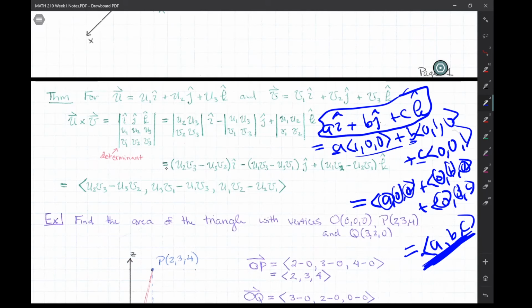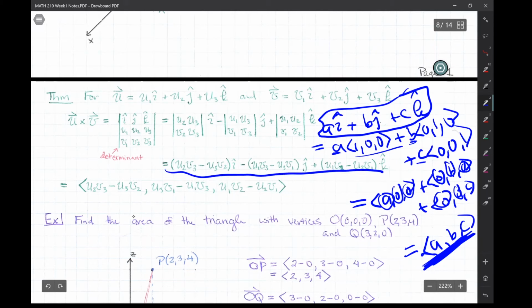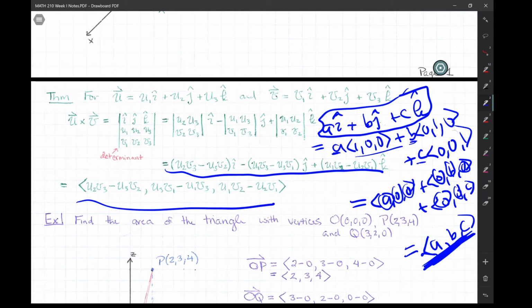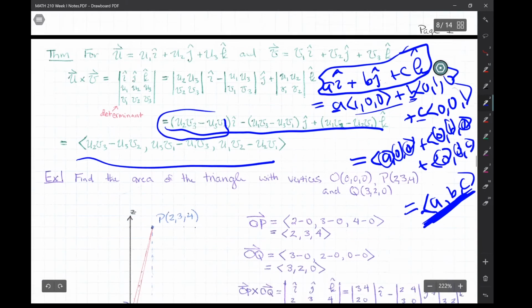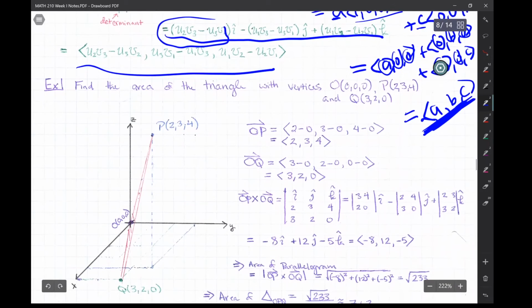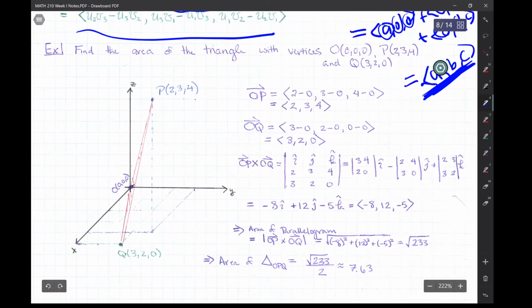So what I did with this line here is just translate it into the angled bracket representation. They're not different at all. You'll see both of these expressions throughout the class. Sometimes it's just easier to write vectors in a certain way, and so you should get comfortable. And as soon as you see something in front of the i hat, you say, okay, that's the x component, and be comfortable with both of those expressions.